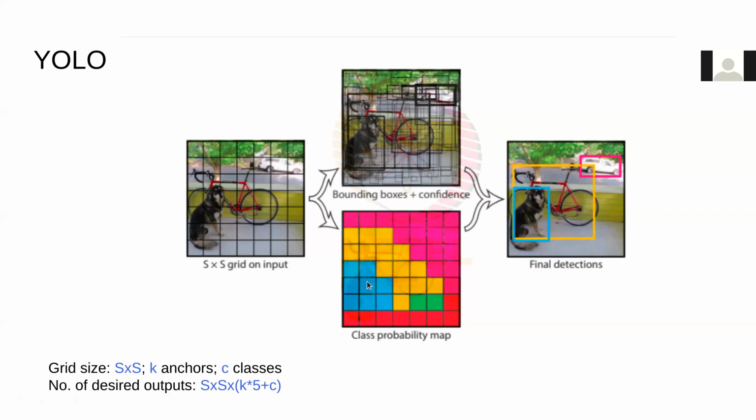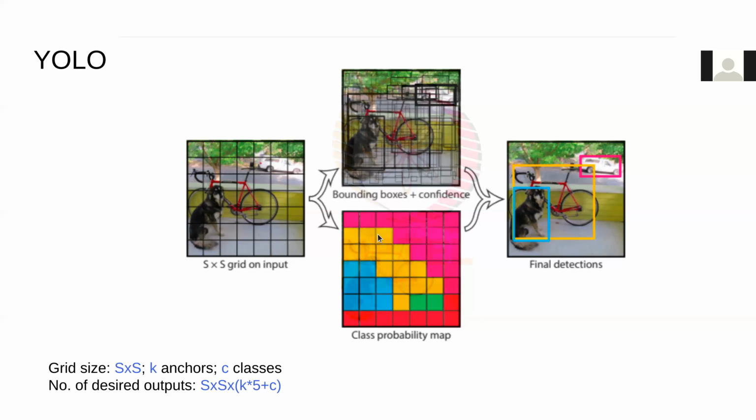So suppose this blue represents the class dog, then it says that for these specific cells, the probability of finding a dog is high. For these specific grid cells, if pink represents the background, maybe then it says that okay, the probability here of finding any class is very less.